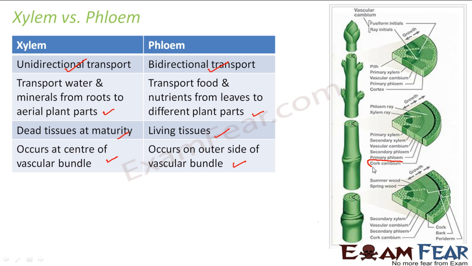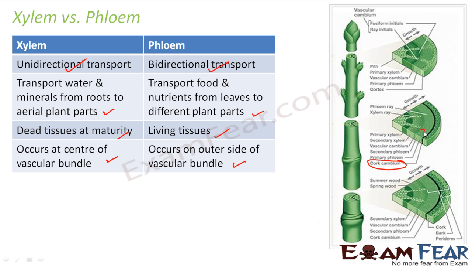You remember I talked about cork cambium and vascular cambium, right? The cork cambium was responsible for lateral growth externally, and vascular cambium was responsible for lateral growth internally. So outside is the cork cambium, and after that you have phloem, then vascular cambium, and then xylem. So this vascular cambium is actually separating phloem from xylem.